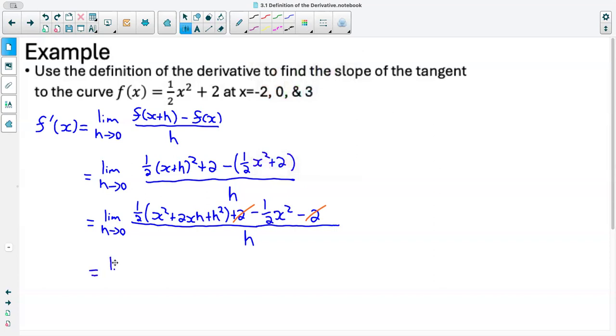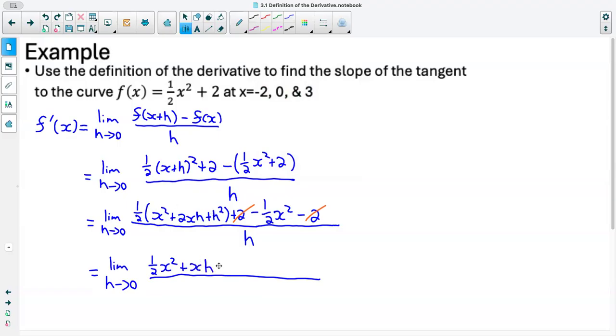So we've got our limit as h goes to 0 of 1/2 times x squared, which is 1/2 x squared. 1/2 times 2xh is just xh.